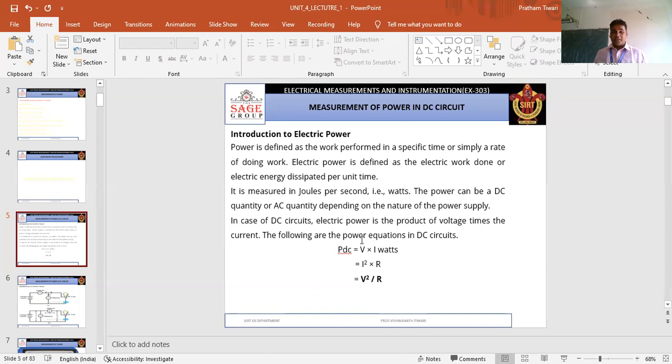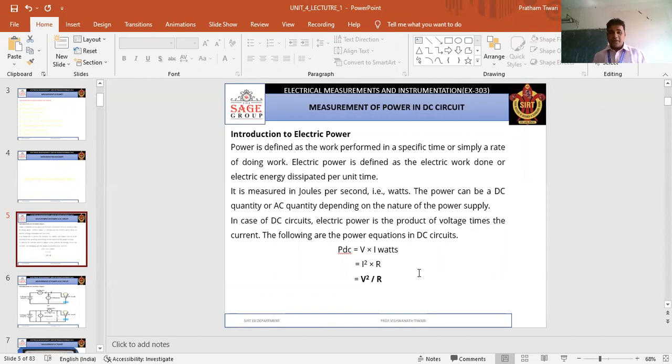In case of a DC circuit, electrical power is the product of voltage times the current. The following are the power quantities in a DC circuit. PDC is V into I, in watt. Another formula for power measurement in a DC circuit is I square R. Another formula is V square upon R. These formulas are generated by Ohm's law.